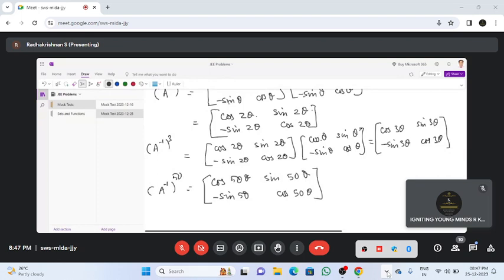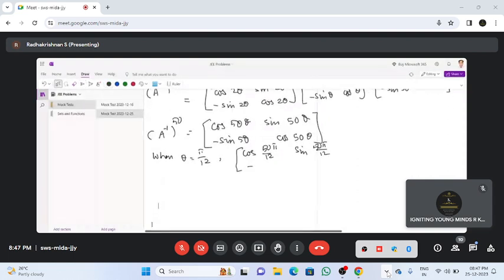So cos 50 pi by 12, sin 50 pi by 12, minus sin 50 pi by 12, cos 50 pi by 12.